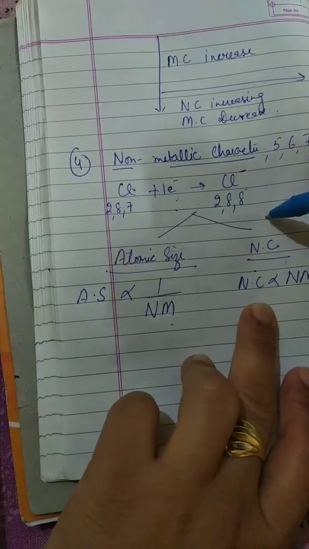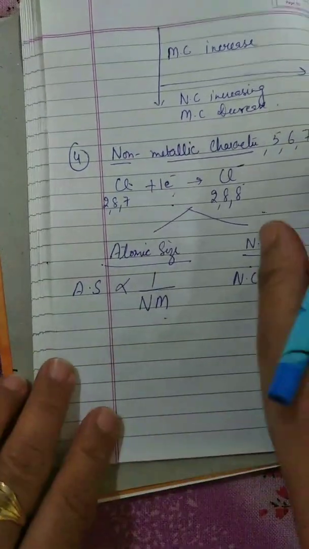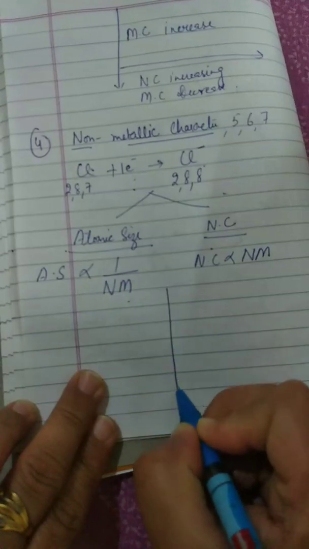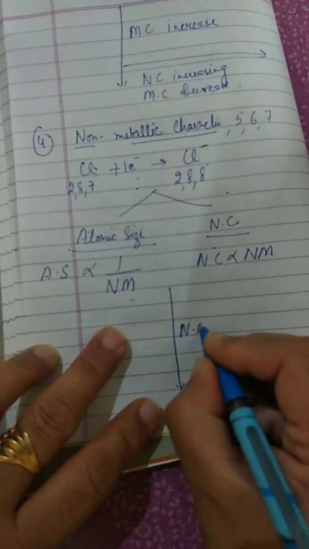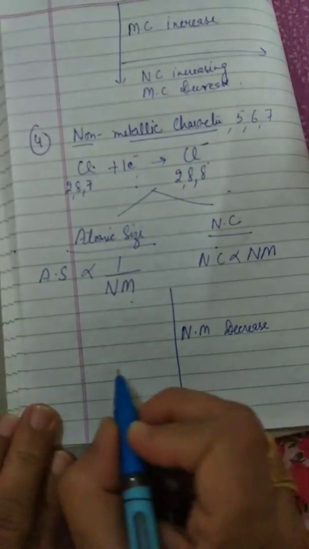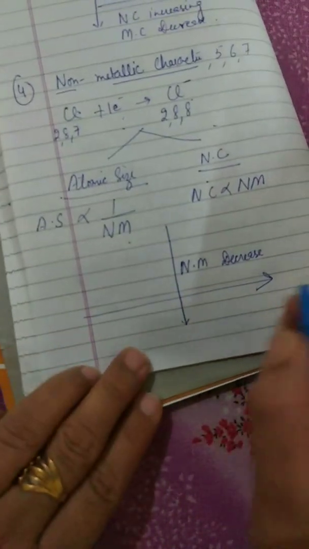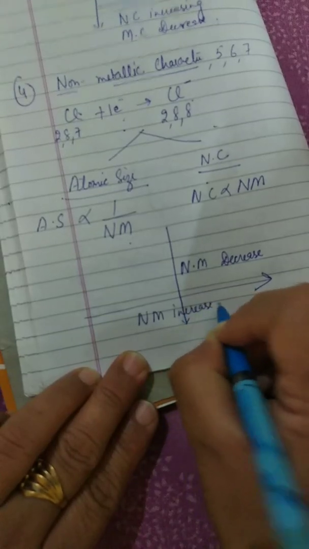So tendency to gain electron will increase and non-metallic character will also increase. Regarding the trends, as we are moving from top to bottom, atomic size increases, therefore non-metallic character will decrease. As we move across the period, nuclear charge is increasing, therefore non-metallic character will also increase.